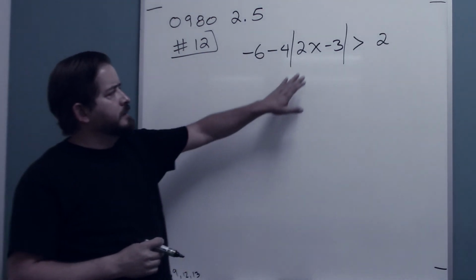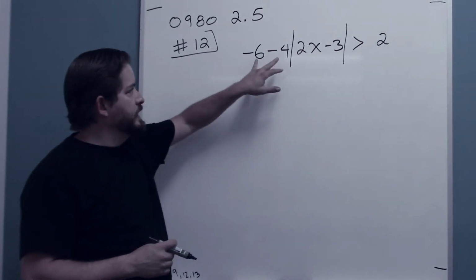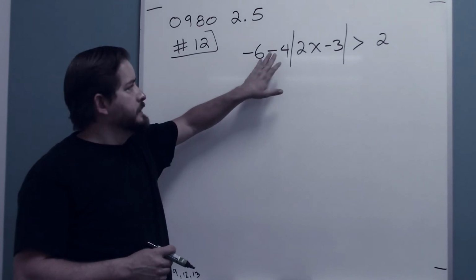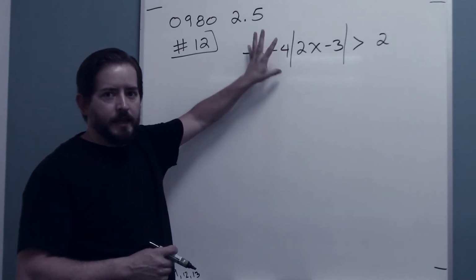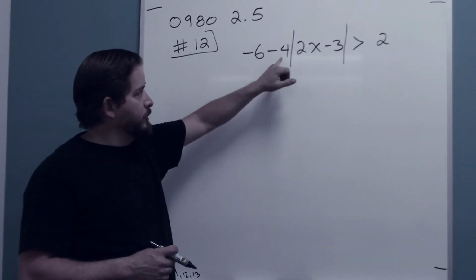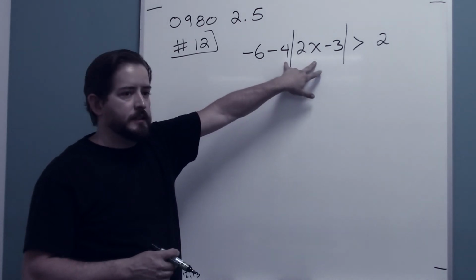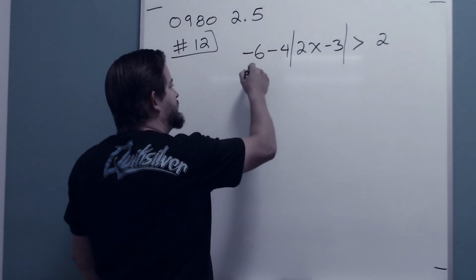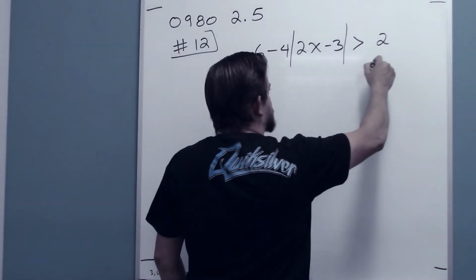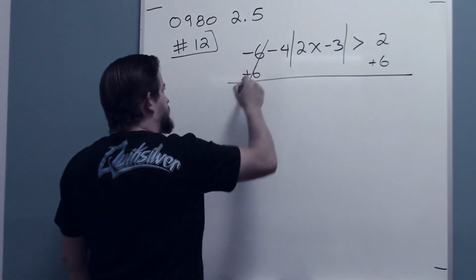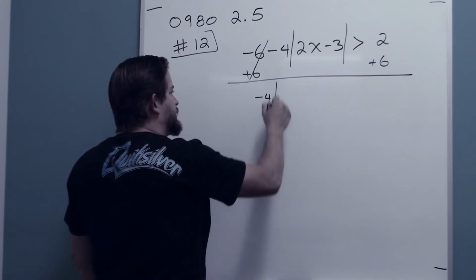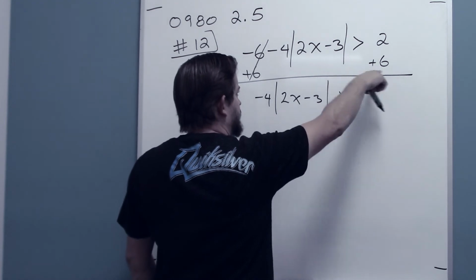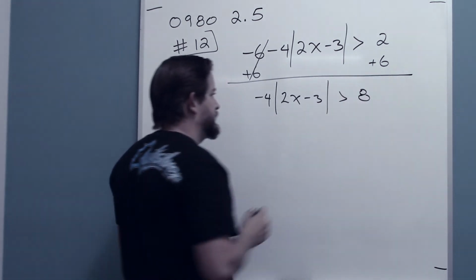Now again, I want to isolate this absolute value. We've seen the big no-no, don't try to interact these two numbers together. This is not negative 6 minus 4 and then do other stuff. The order of operations says this 4 belongs to the absolute value, so just get rid of this negative 6 by adding 6 to both sides. It leaves the negative 4 that's being multiplied by the 2x minus 3. That's still greater than, and I have 8.